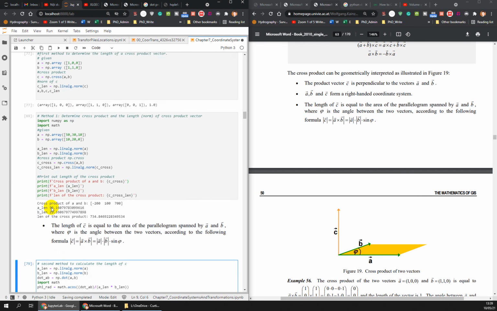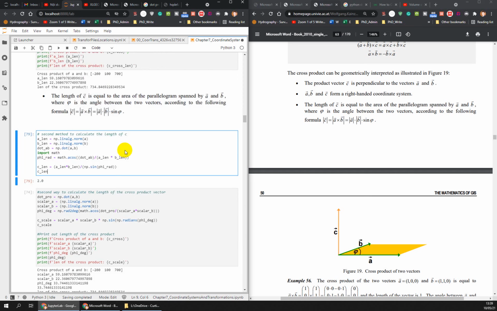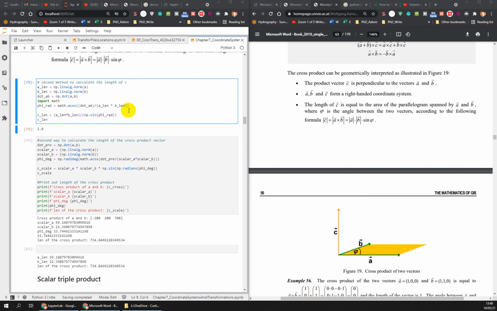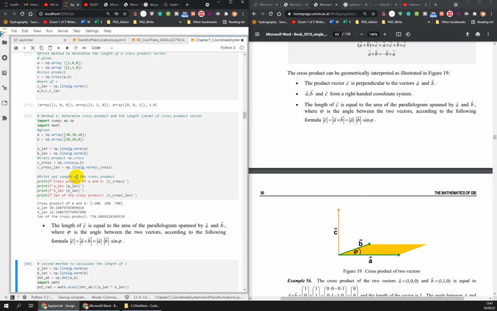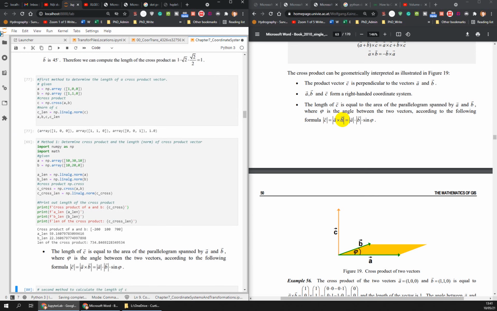Okay, I think something is wrong here. It needs to be 1. So let's see what happened. Alright, so actually this is not divided here, this is multiplied here. So now the value is 1.